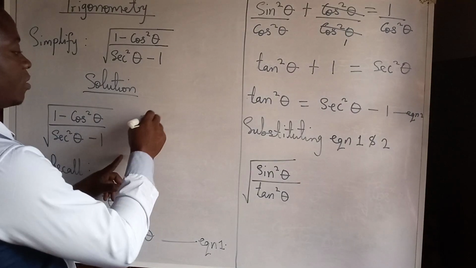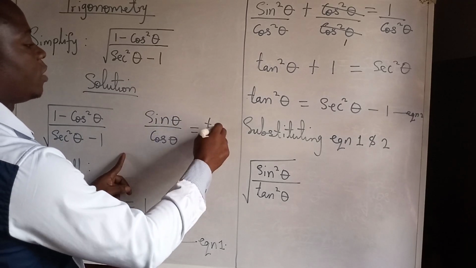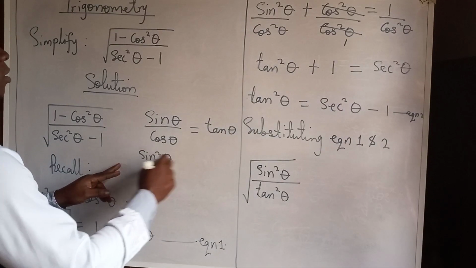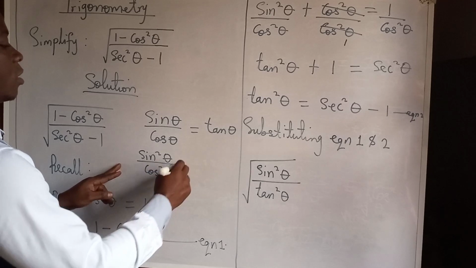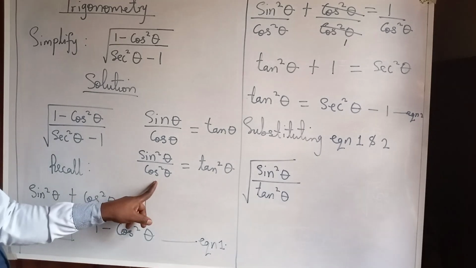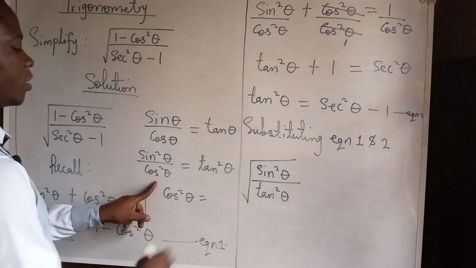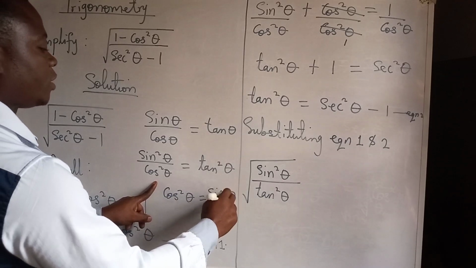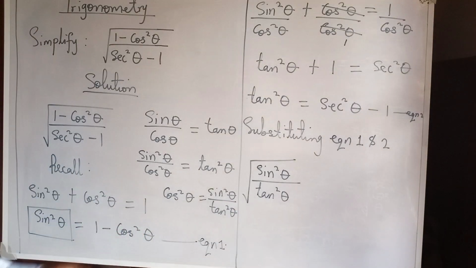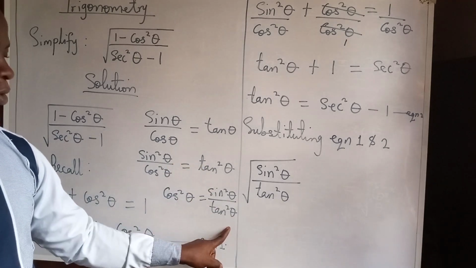Also recall that I said sine theta over cos theta is equal to tan theta. Now sine squared theta over cos squared theta is also equal to tan squared theta. If I make cos squared theta the subject, I'm going to have sine squared theta over tan squared theta.